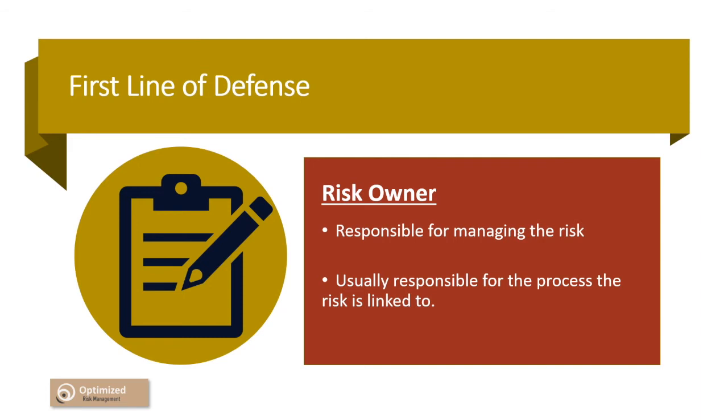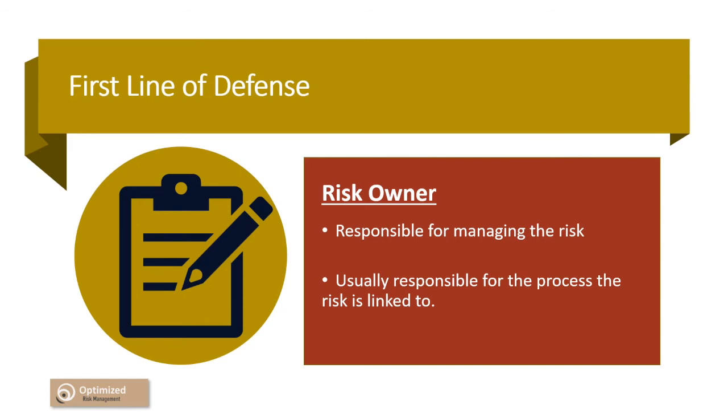In a perfect world, perhaps only the first line of defense would be needed to ensure that risks are managed effectively. However, enterprises recognize that in the real world, this often proves to be difficult because of biases risk owners may have when assessing their own risk.